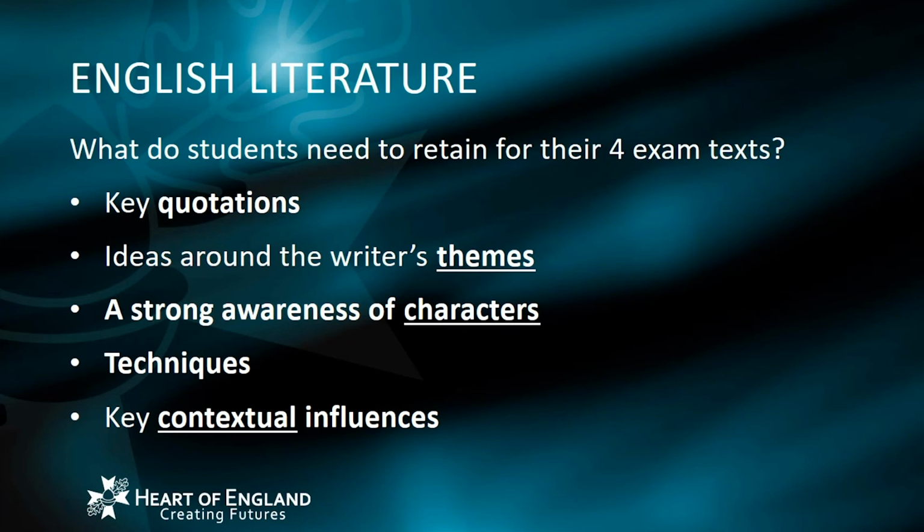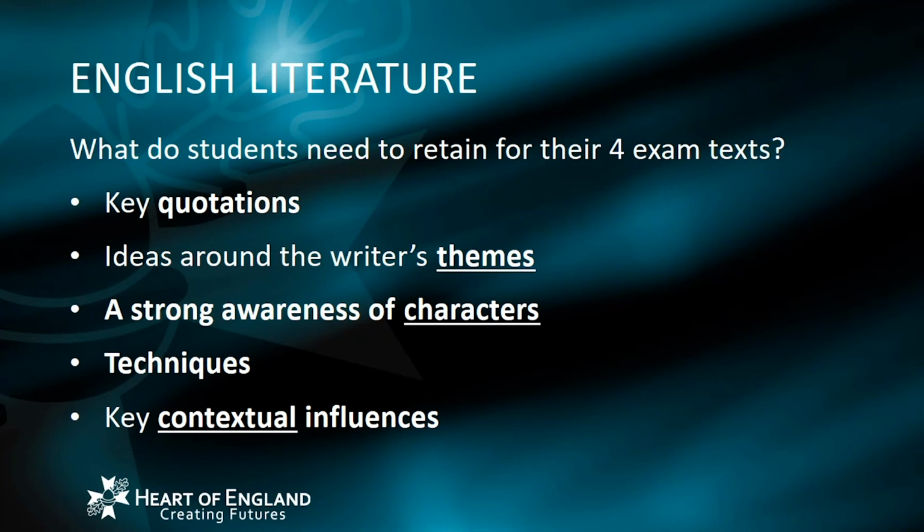As I said, the other thing they need to be aware of is contextual influences as well. With the work that we do around the set texts, most teachers tend to do an introduction to the context, particularly for historical texts like Macbeth and the 19th century.